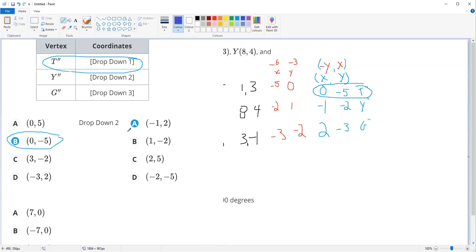Drop down B was y double prime. What, did I make a mistake? Oh, look at that. I changed the negative when I shouldn't have changed. I made that mistake, right? Which one should have changed? The y changed. Was supposed to change. Put the 2.